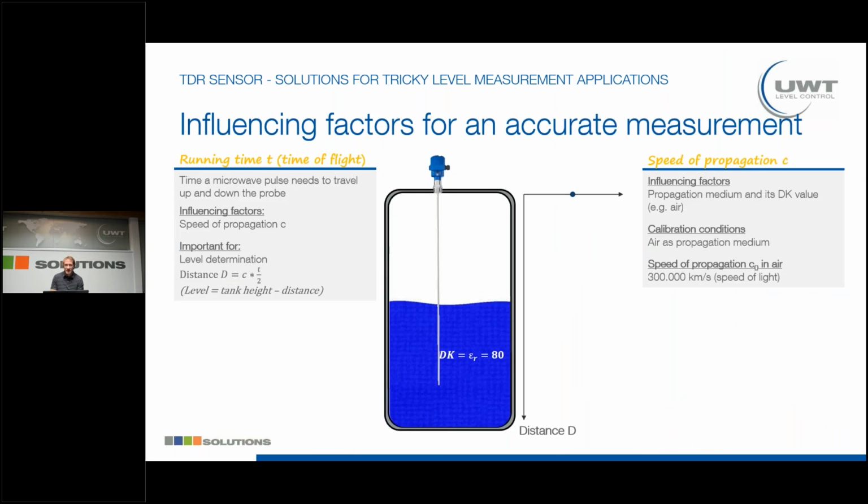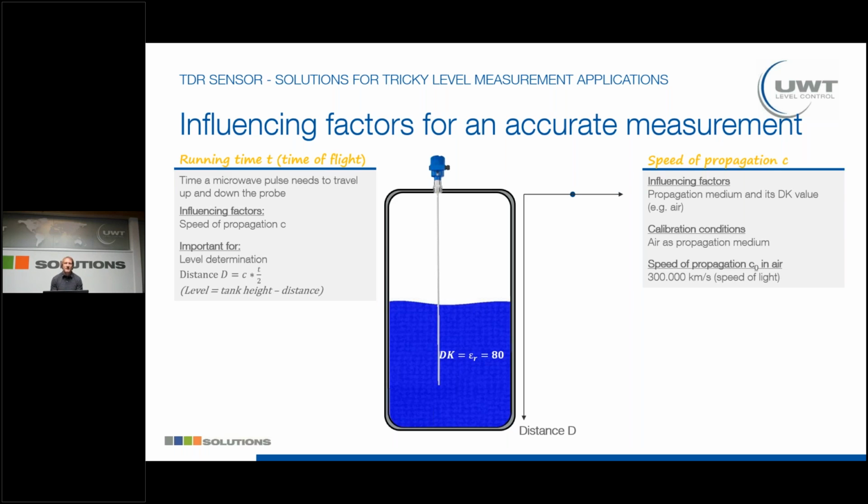Two important factors are influencing the accuracy of this measurement with TDR technology. So on the one hand, we have the running time, also known as the time of flight. So this is the time a microwave pulse needs to travel up and down the probe.